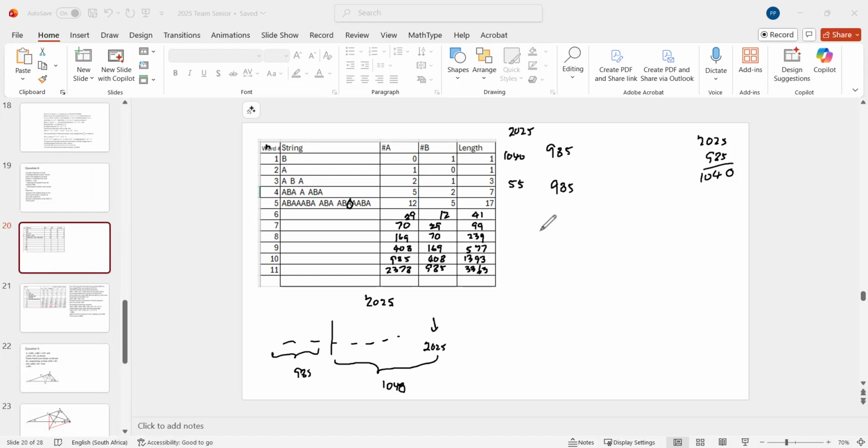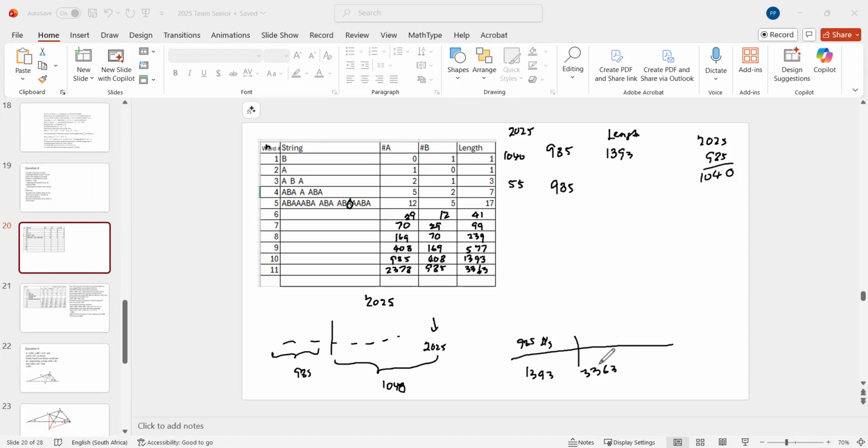Now remember, this 985 is coming from a word which has got length 1393. So you have to get 1393 symbols from this. You take 1393 symbols, and in those 1393 symbols, you got 985 A's.